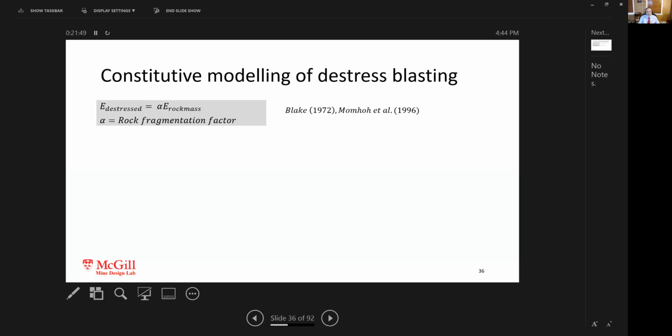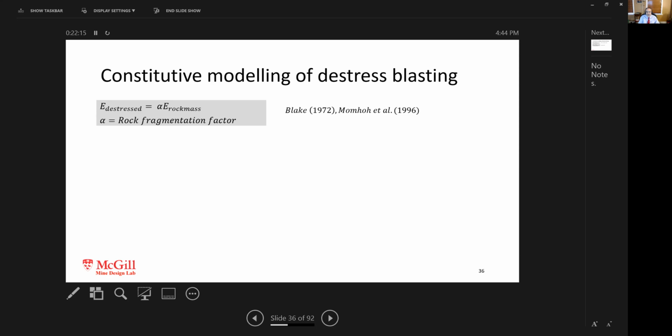So now we talk about modeling. How are we going to model the stress-strain relation of the destressed material? We know that destress blasting creates fractures. These fractures reduce the stiffness, so we need to do something about the stiffness. The first person who thought of stiffness reduction was Blake in 1972.